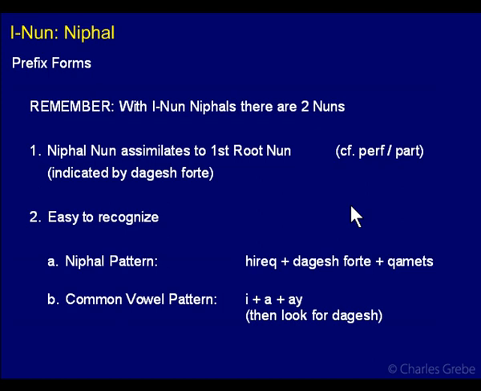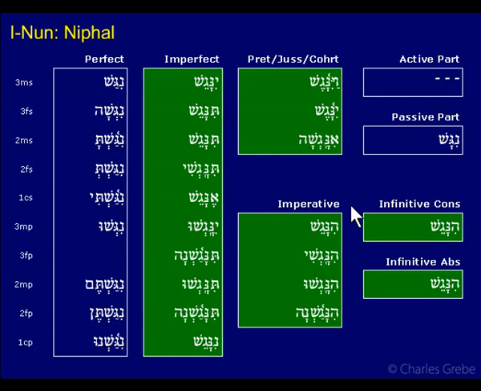Now, there is one difference, and that is that you have shortened forms in the preterite and the jussive. Okay? Yinagesh, you have vayinagesh. You see how the tsere has reduced to a segol in both cases here, and the accent has shifted back.